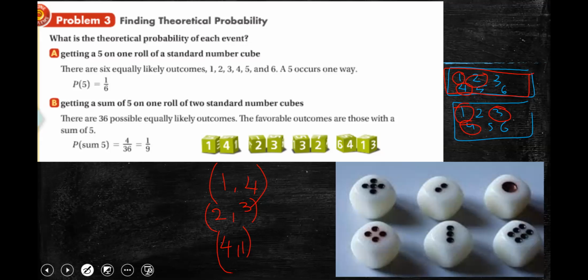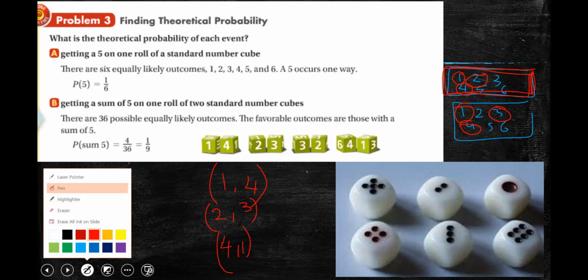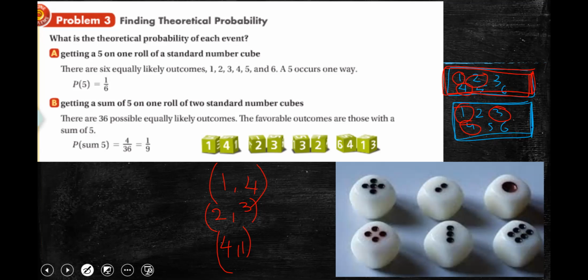But 4 and 1 means 4 from the red cube and 1 from the blue. So they are different. 2 and 3 means 2 from the red and 3 from the blue. But 3 and 2 means 3 from the red and 2 from the blue, and they are different.